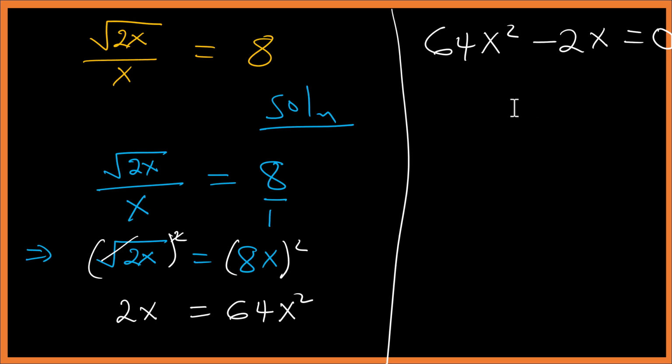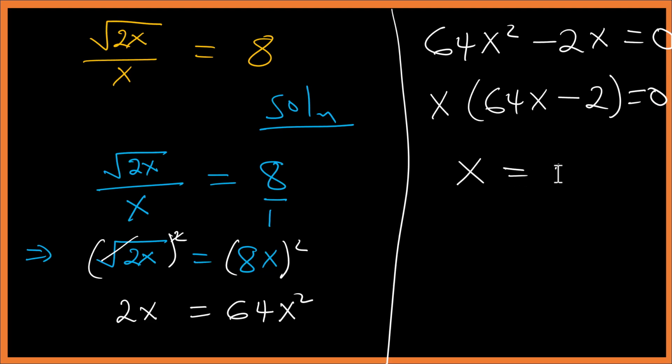Now if I take x out, 64x minus 2 equals 0. So my first solution here will be x equals 0.